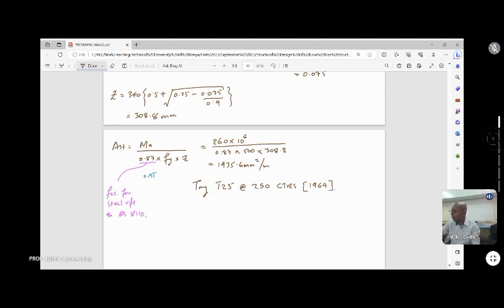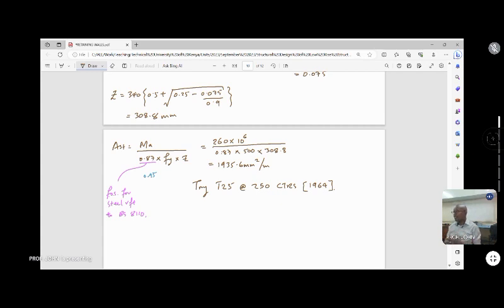I'm saying try because there would be other checks that we would want to do, and maybe this amount of reinforcement might not be adequate.